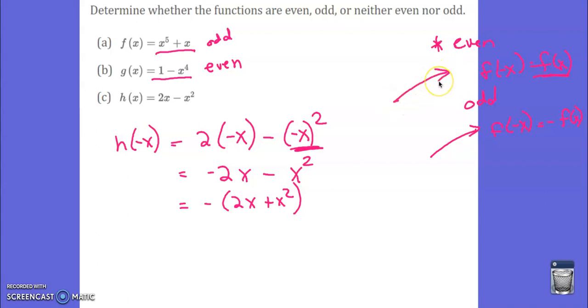It doesn't equal h of x to begin with, and it doesn't equal the negative of h of x. So it's neither one. So this is neither even nor odd. Again, in general, a lot of people look at the exponents and want to make a general rule for this, but I highly suggest that you literally make that substitution and work it out to see if it's an even or an odd function.